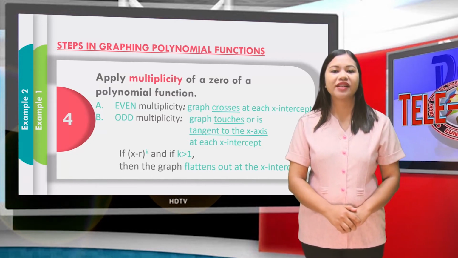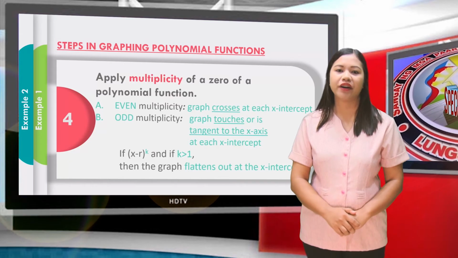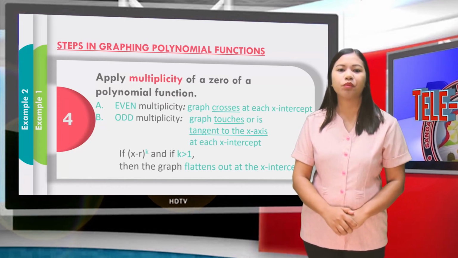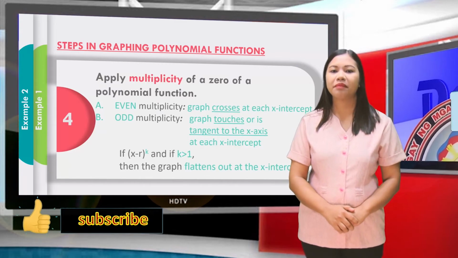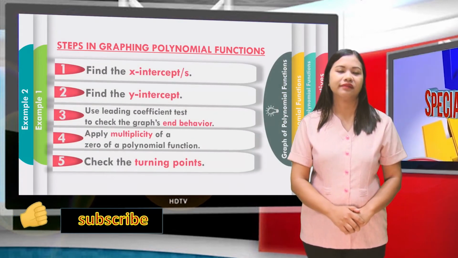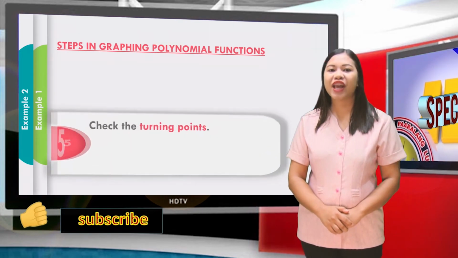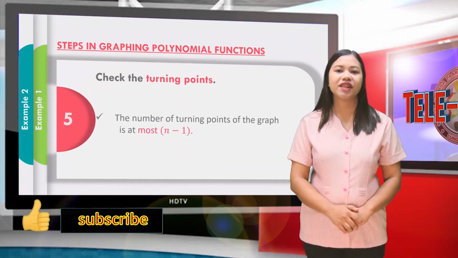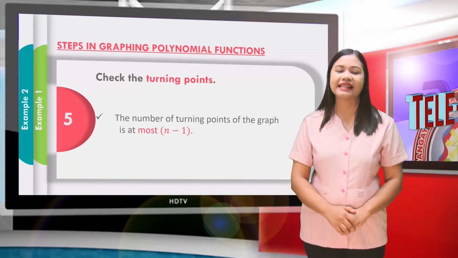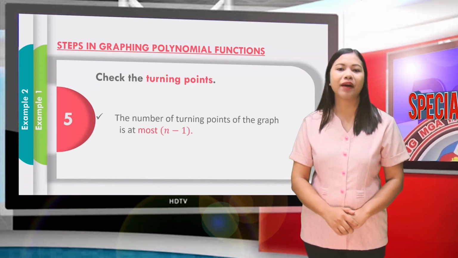If it is expressed as (x - r)^k, and k is greater than 1, then the graph flattens out at the x-intercept. To check the turning points, use this formula. The number of turning points is at most n minus 1.